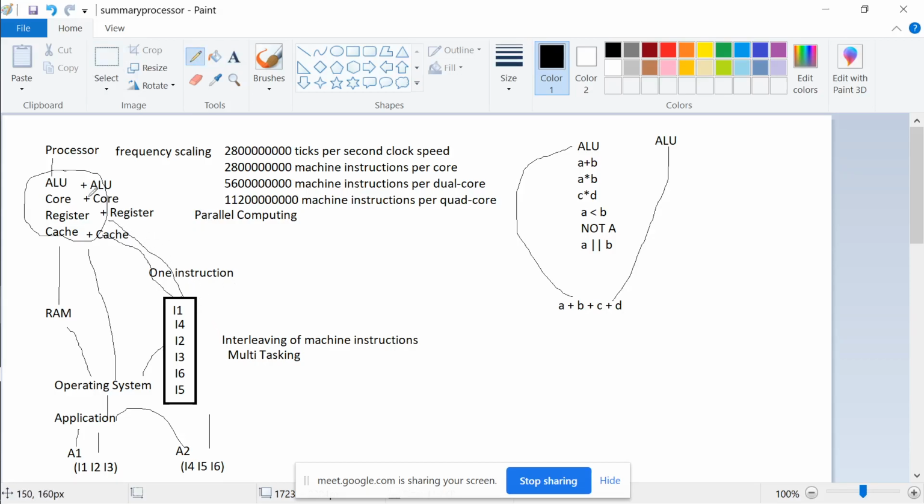That means this many machine instructions can be executed per second. So multitasking is not true parallel computing, because the operating system has the capacity of giving only one instruction. Parallel computing, the true power is in the hardware, not in the software.